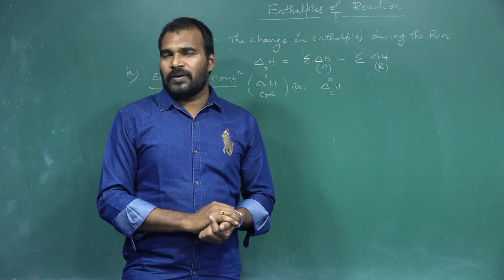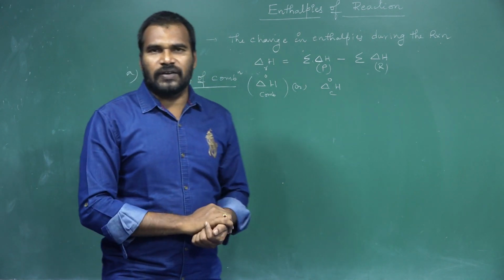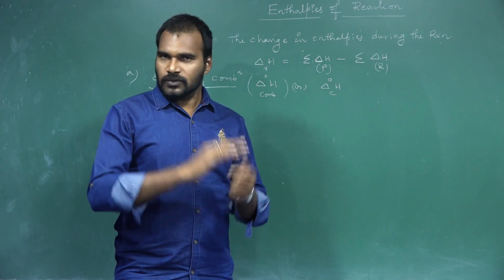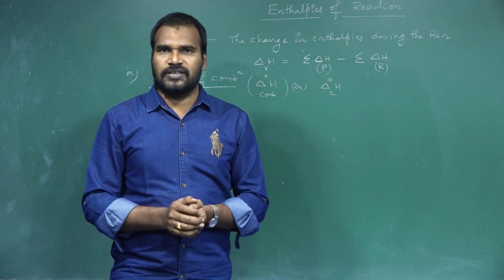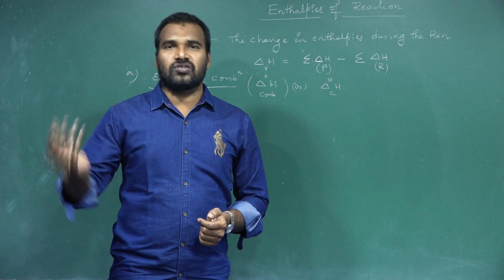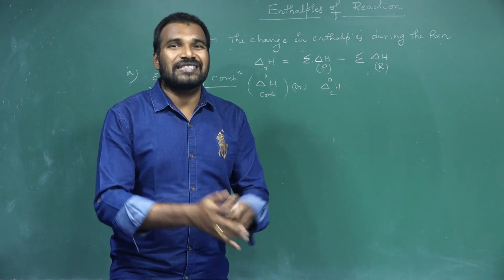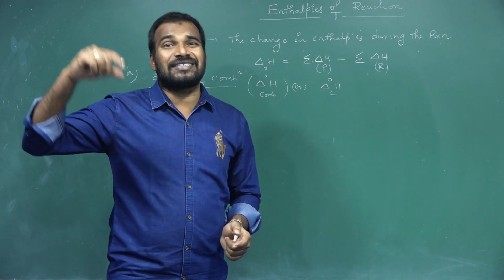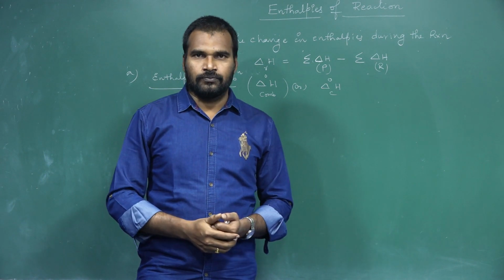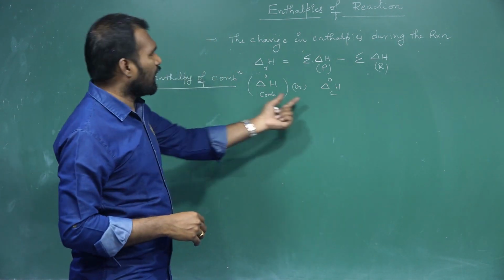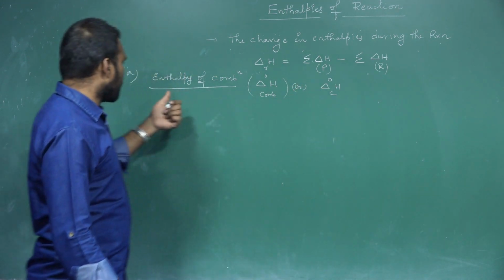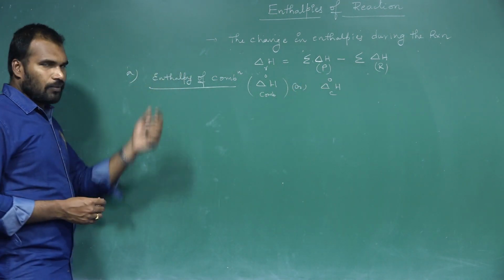Standard enthalpy of combustion is nothing but combustion or burning of 1 mole of a substance in presence of excess of air or oxygen when that substance is at its standard physical state. Okay, standard physical state. Then that is called standard enthalpy of combustion.